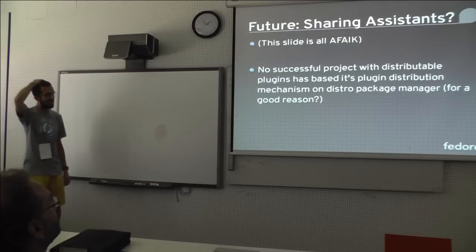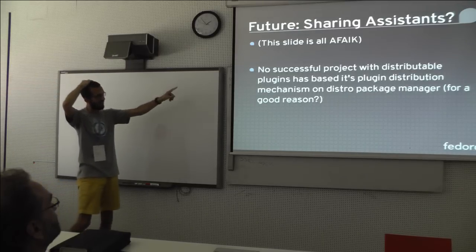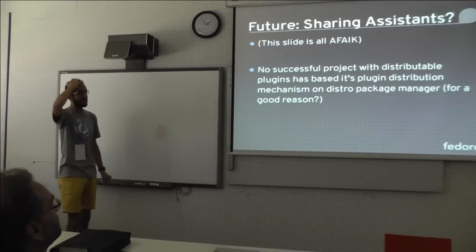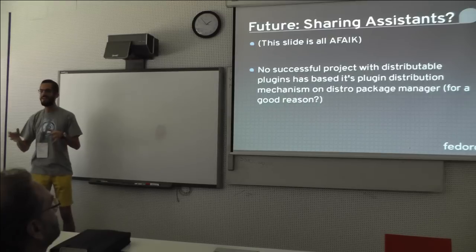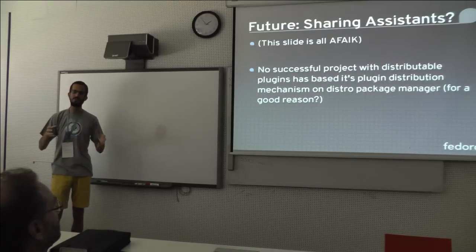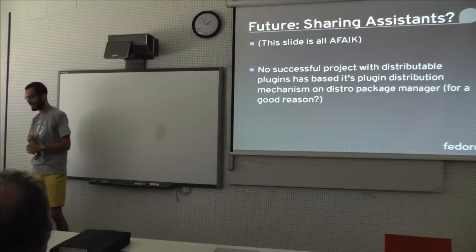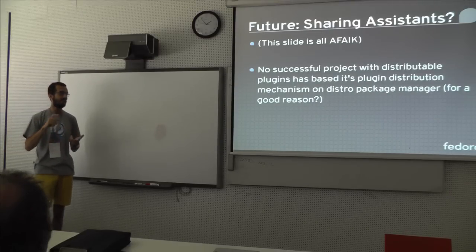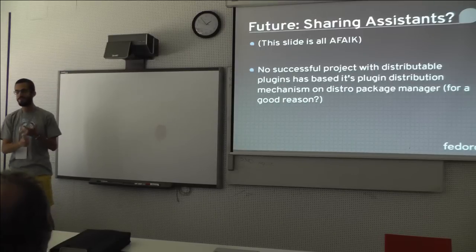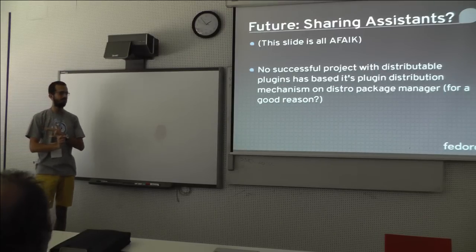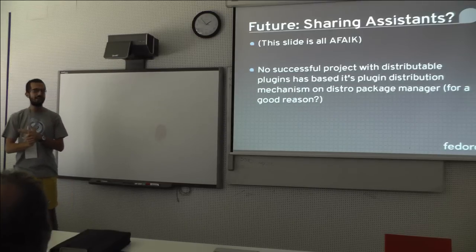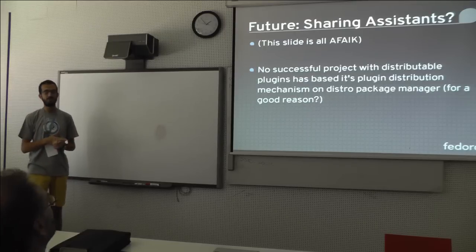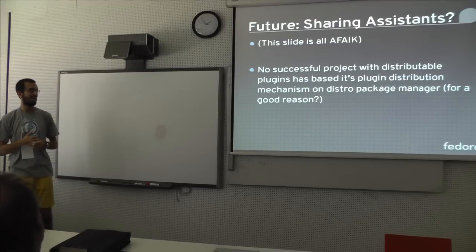I've been thinking about this, and I've come up with this really complicated sentence. What it's trying to say is that projects that have distributable plugins, like Ruby with Ruby gems, Python with Python packages, Ansible with Ansible Galaxy, Puppet with Puppet Central or something like that, each has its own mechanism of distribution, and they have it for a good reason, I think.